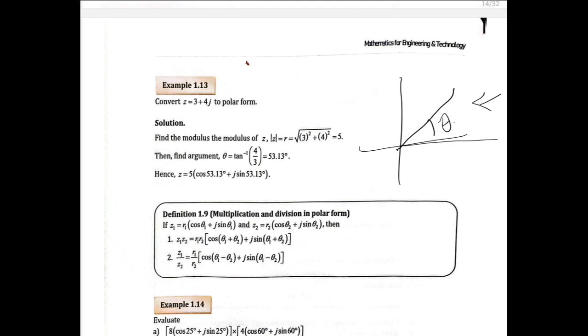So z equals 5, which is the r, times cos 53.13 plus j sin 53.13. This is the polar form, right? Same point (3, 4), but now described using r and theta.